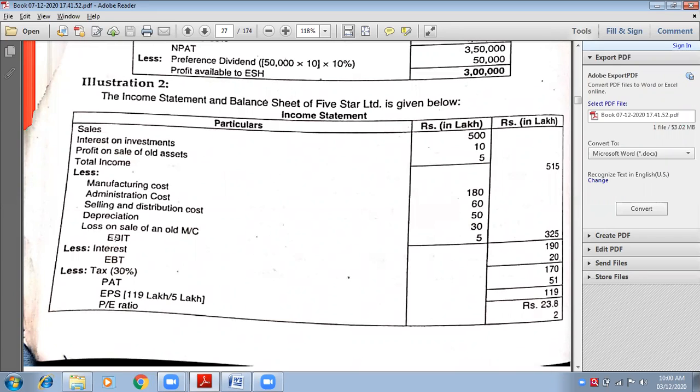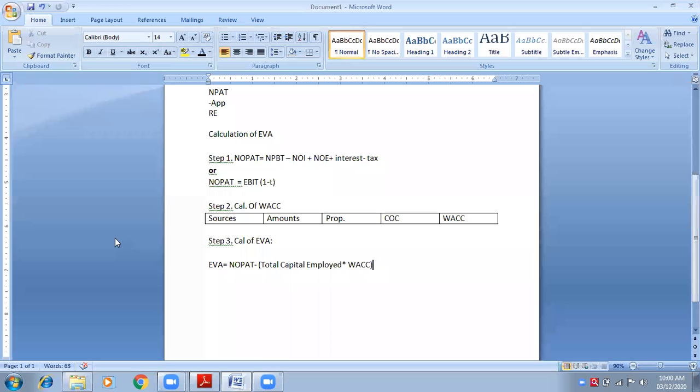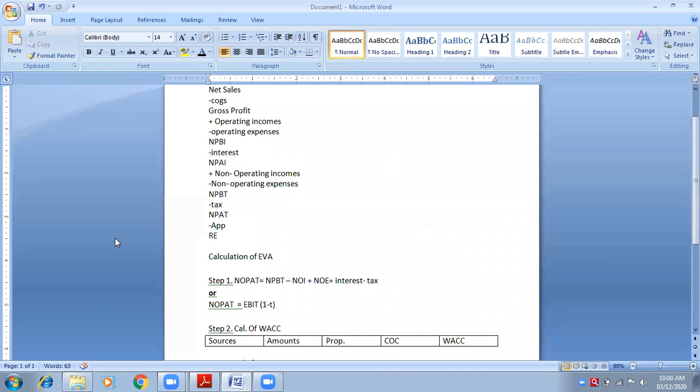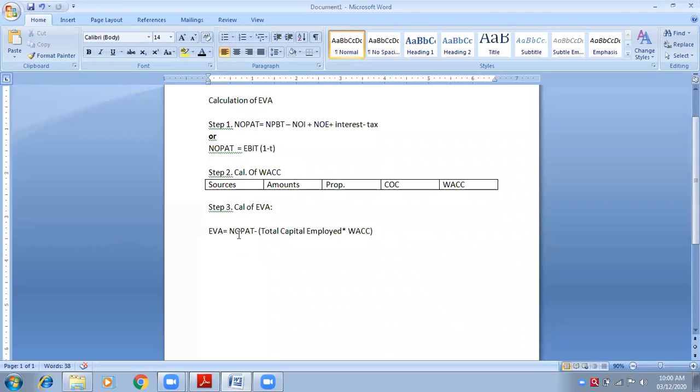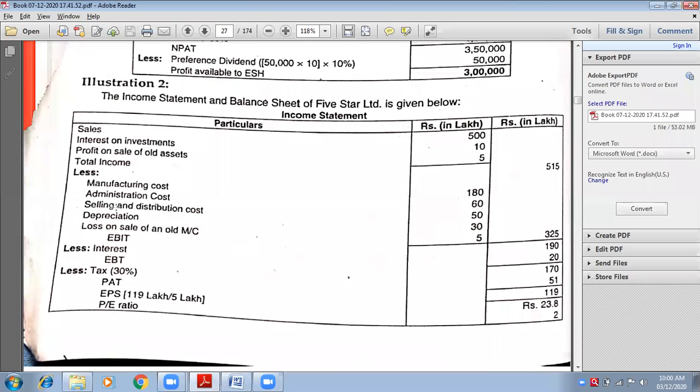According to management accounting, it is known as something else. I was just explaining this format to explain net operating profit after tax. You don't have to remember this format. A little different format will be given, and accordingly we will calculate NOPAT.